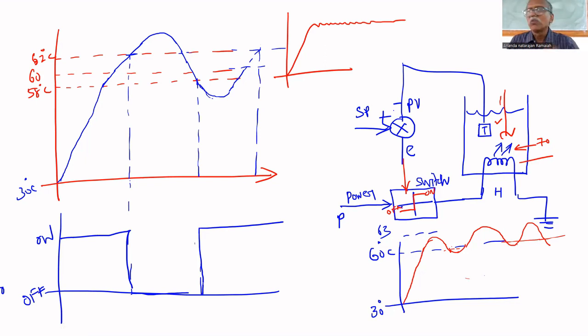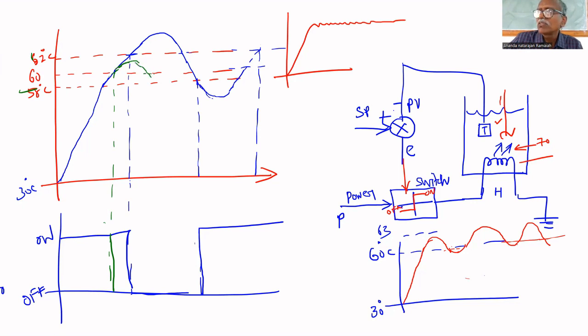Suppose you are not using the differential gap, where will it be turned off? It will be turned off here itself. That's why you can expect a lesser overshoot.